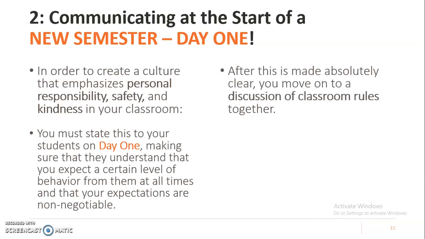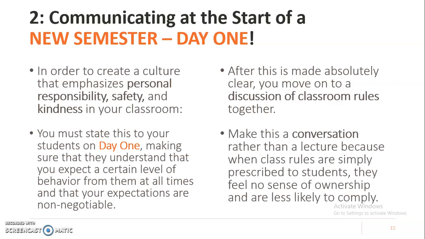After this is made absolutely clear, you move on to a discussion of classroom rules together. So don't give a lecture, just hold a discussion with your students about the rules. Make it a conversation, because when class rules are simply prescribed to students, they feel no sense of ownership and are less likely to comply.